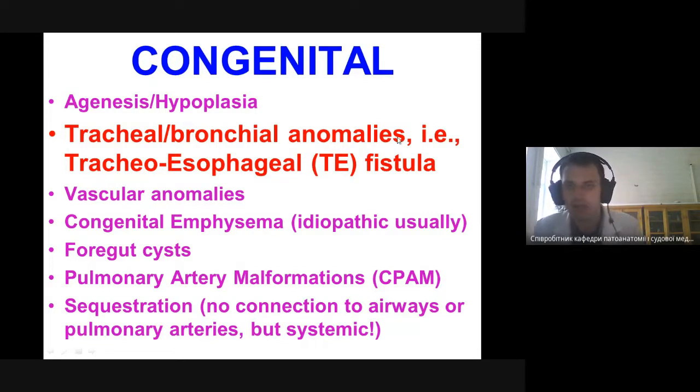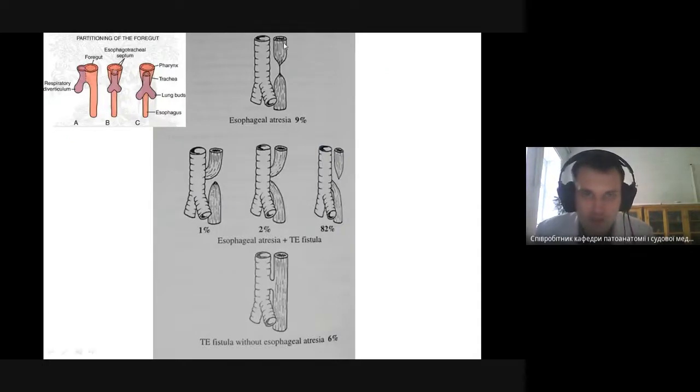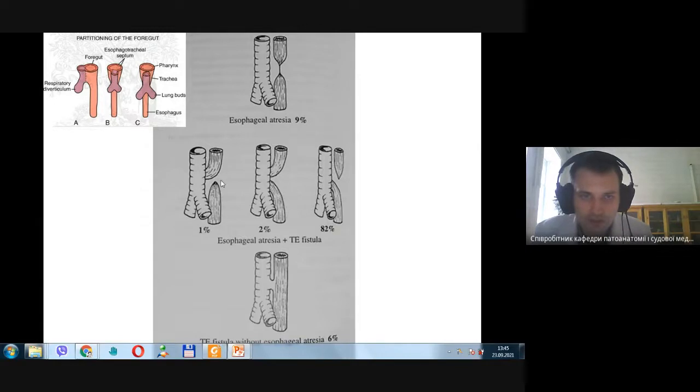Tracheal bronchial anomalies. So tracheoesophageal fistula, that's the additional duct between trachea and esophagus. Let's look at that. So that's atresia of esophagus.